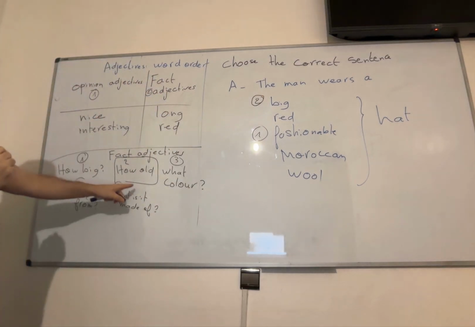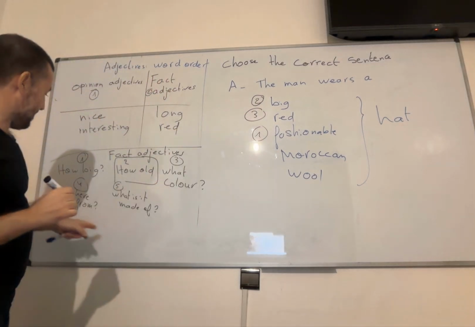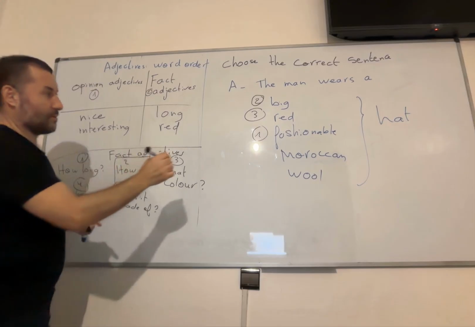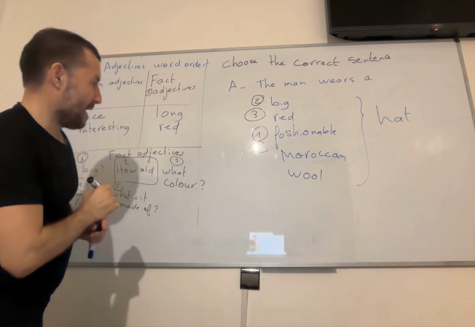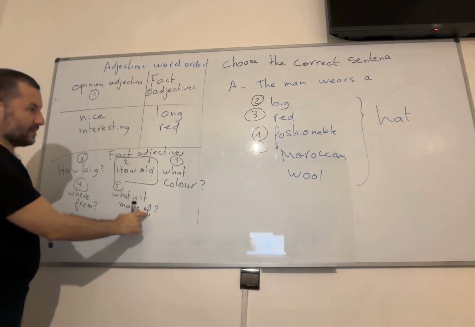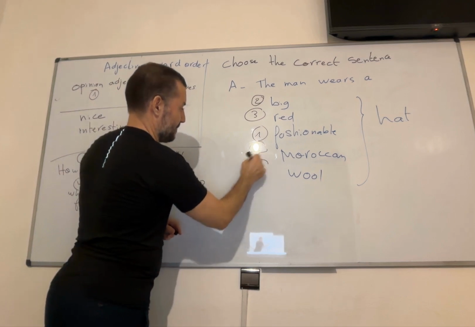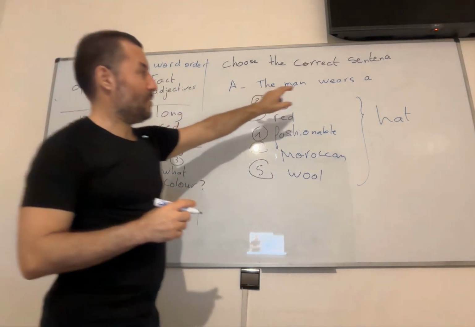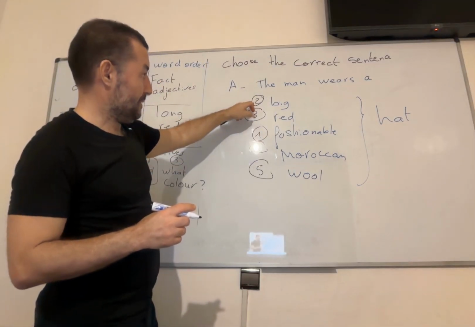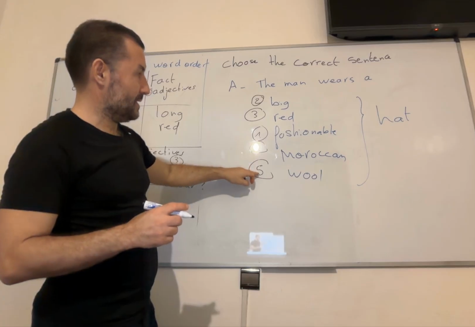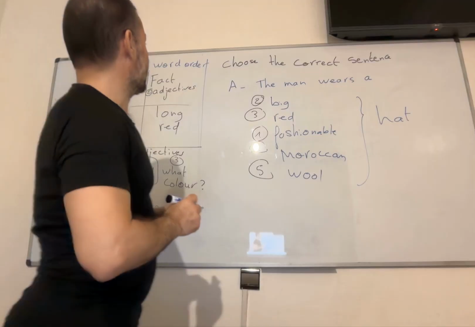And then color, number three. And then where from? Moroccan, that's number four. And then lastly, what is it made of? The material is wool. So that's number five. So the man wears a fashionable, big, red wool hat. Okay? So that is the right answer.